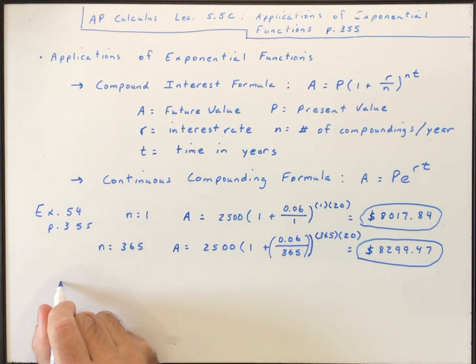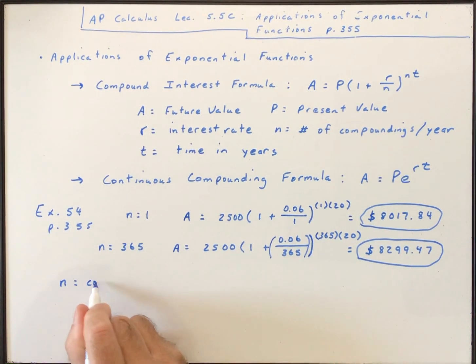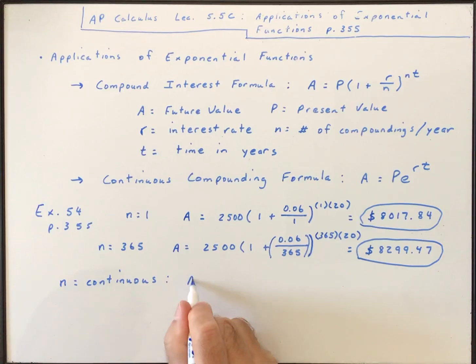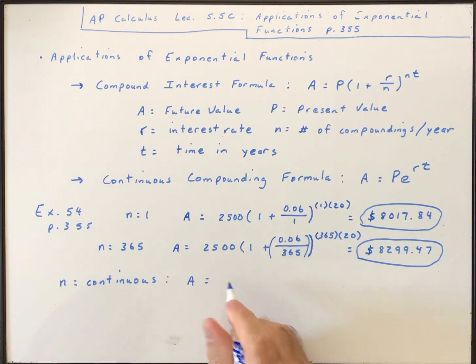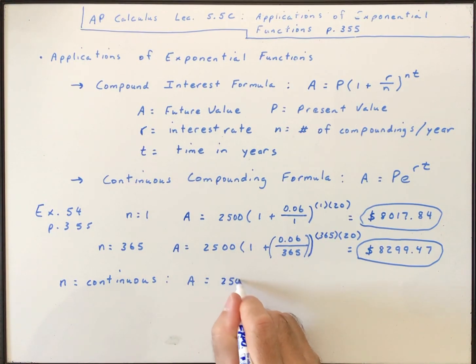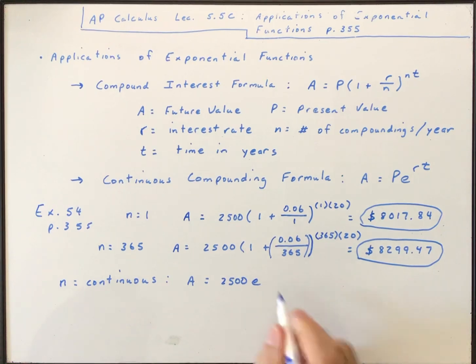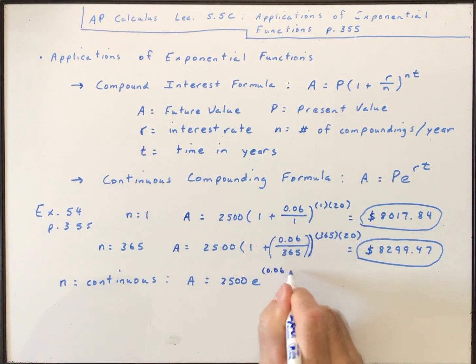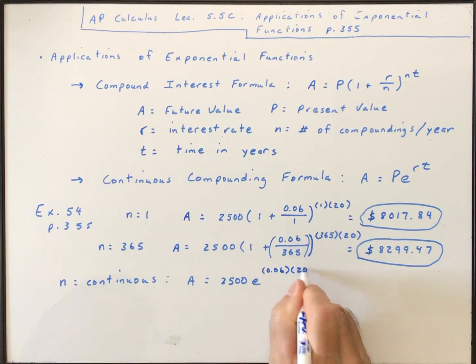And then if we have N is continuous, we would have A is equal to P, 2,500, times E to the rate, 0.06, times time, which is 20.